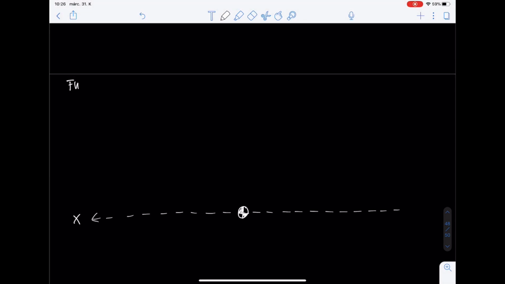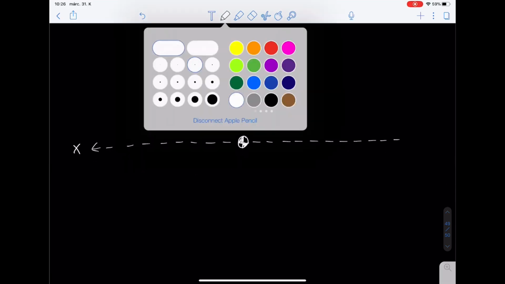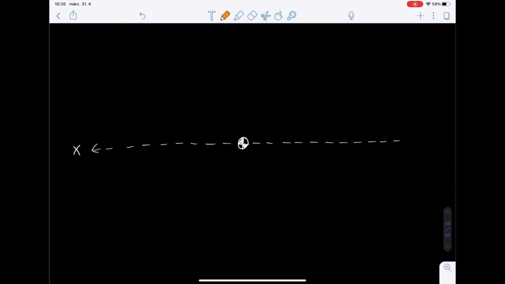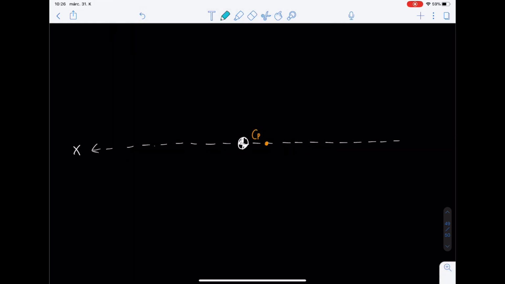So forward CG position. Right, so here you're going to have the center of gravity, and we're going to presume that the center of pressure is on the longitudinal axis as well, so we don't have to deal with the effect of drag so much, because in most cases its effect is very, very small. So this would be your center of pressure, right? So around it you would have the silhouette of the airplane.